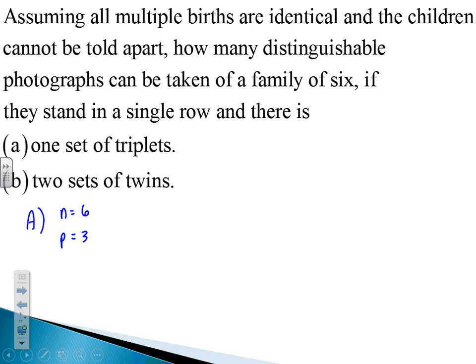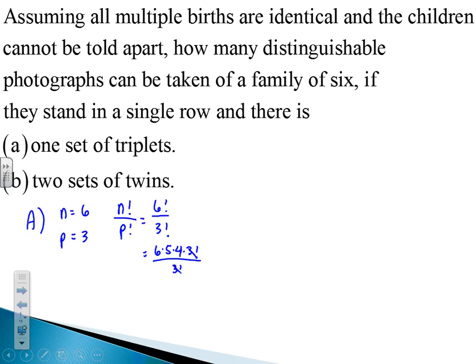So according to the formula that we have, because I only have one unique set out of my elements here, I'm going to say n factorial over p factorial, which in this case simplifies to 6 factorial over 3 factorial. Expanding that out gives me 6 times 5 times 4 times 3 factorial over another 3 factorial.